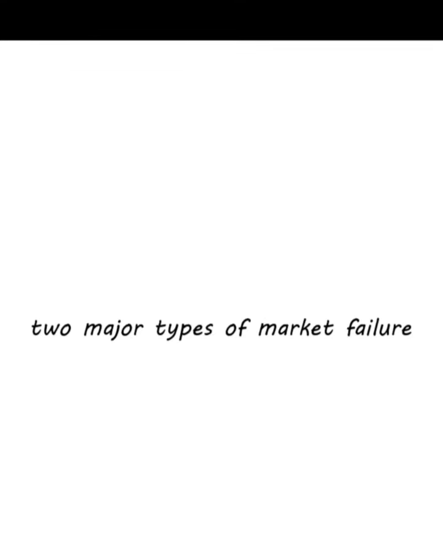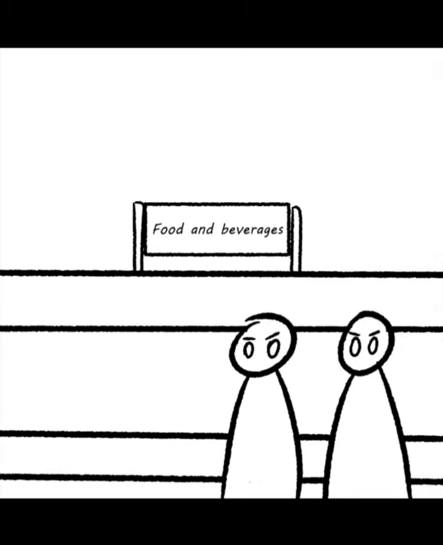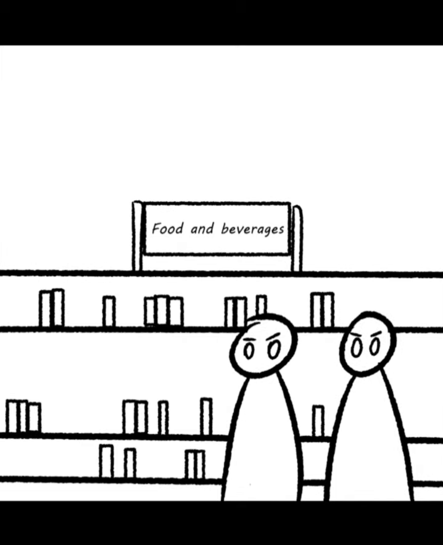There are two major types of market failure. First, complete market failure occurs when the market does not supply any products at all, which results in a missing market. Second, partial market failure happens when the market does not supply products in the correct quantity or at the price consumers want to pay.